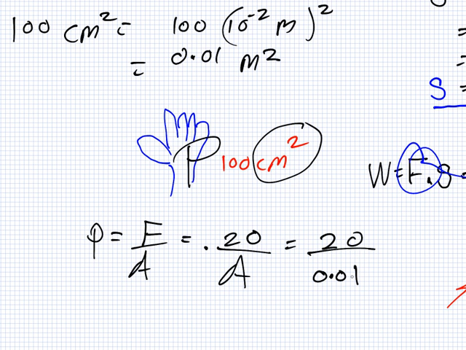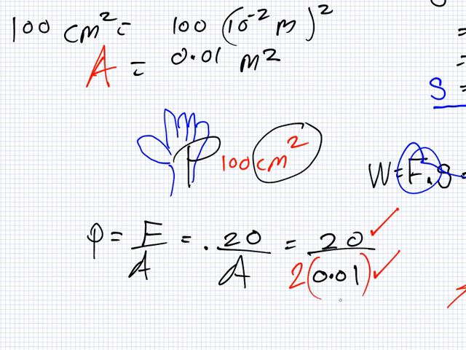Wait, I left out one thing on purpose. What did I forget? Unit. Newton. Yes, 20 newtons. This is the area of 2 hands.